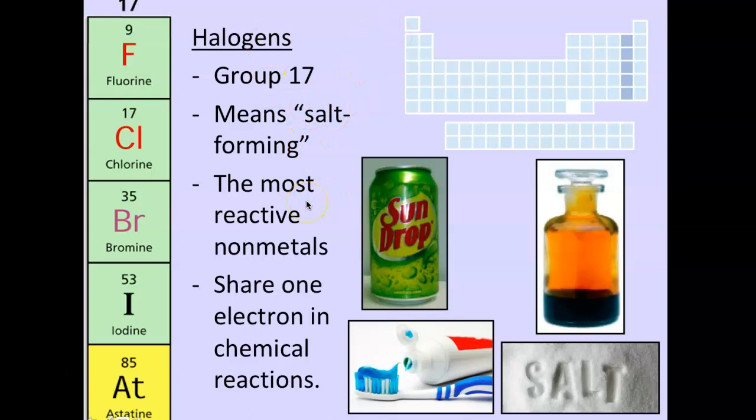They're the most reactive non-metals, and that's because they have this one electron that they're trying to take, because they almost have a complete outer valence shell. Out of 8 valence electrons, generally they're going to have 7, and so they just need one more to make that full valence shell, and so they always want one more electron.